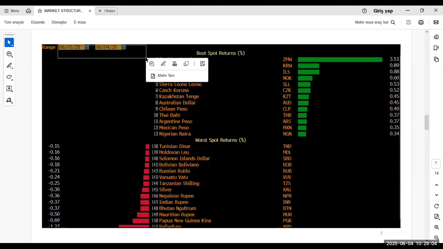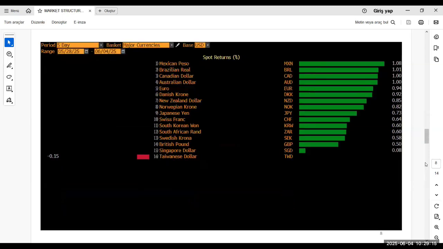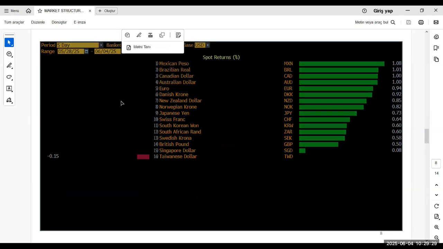I'm taking all the countries in a basket and checking what is happening in 1 day. But if I take the major currencies and change my scenario to 5 days, with the basket being just major currencies against the United States dollar for 1 week, what is the performance? Let's look at it.